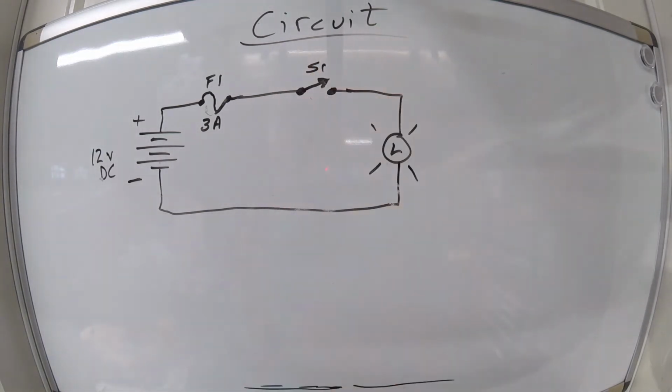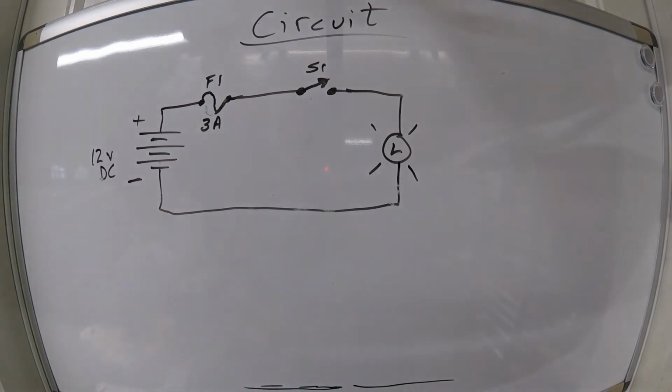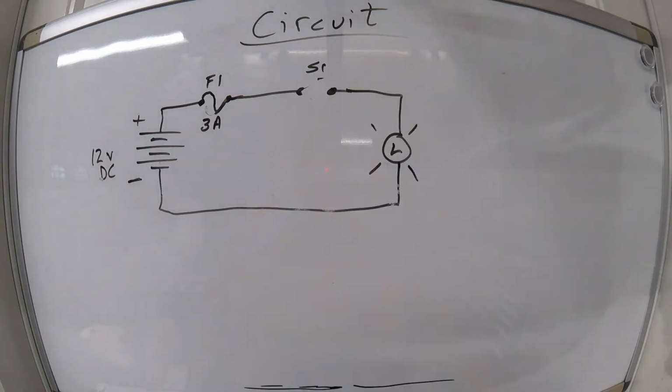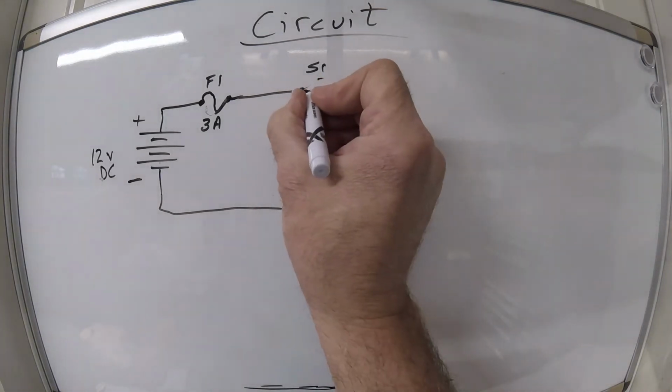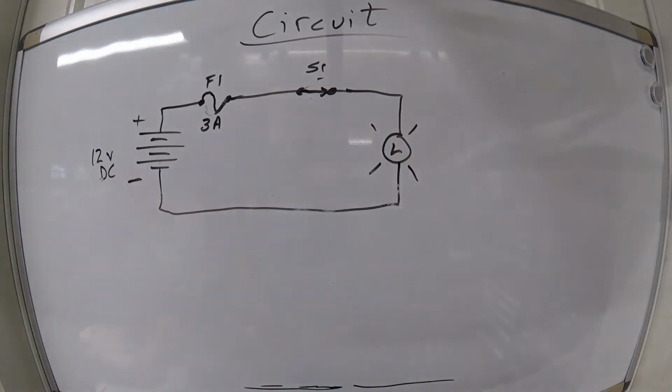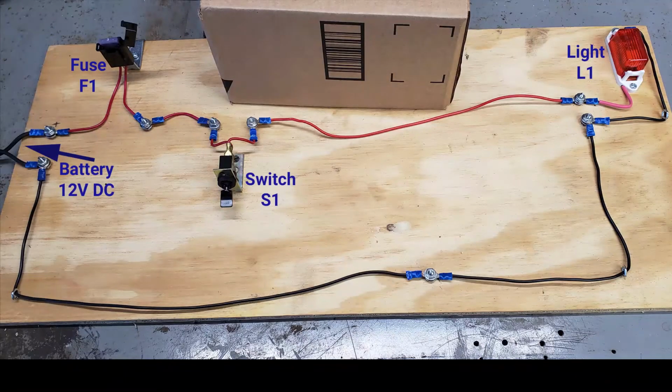That's S1. And if we want to turn the light on, we would close the switch. And that's how it's drawn, for the circuit to be closed and for the current to flow through that circuit. Now we have a safe circuit, a very simple circuit. I've got one over here on my workbench, and I've got a photo of it right here.